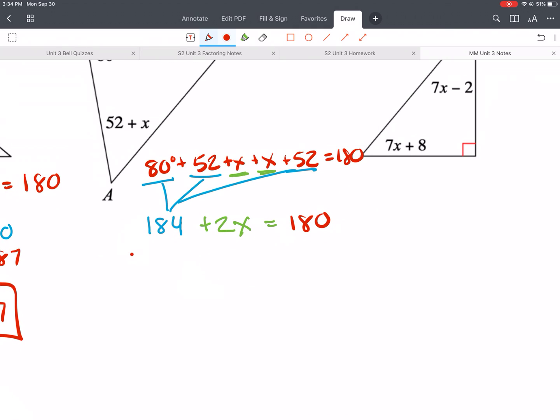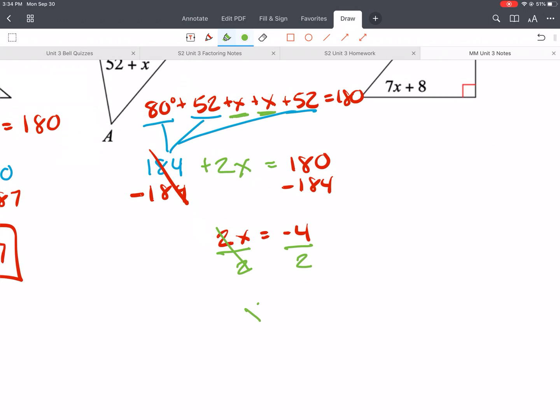All right, then we'll subtract 184 from both sides. Okay, so remember it's kind of like opposite PEMDAS, so we'll do addition and subtraction first. We'll have 2x equals negative 4, and then we divide both sides by 2. End up getting x equals negative 2.